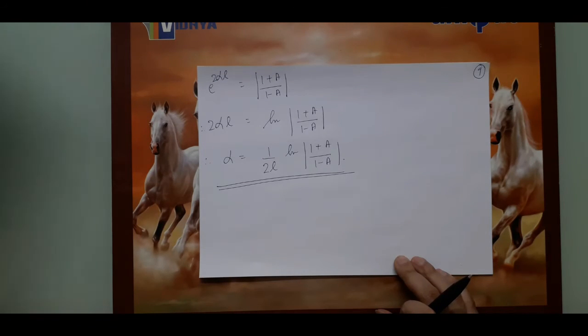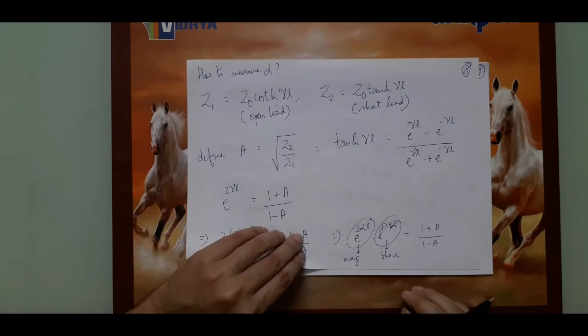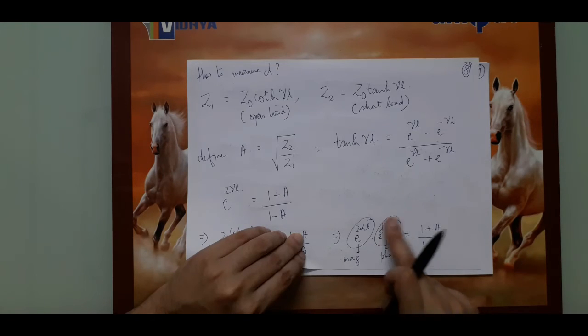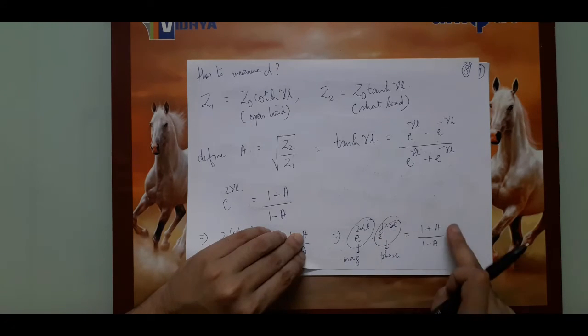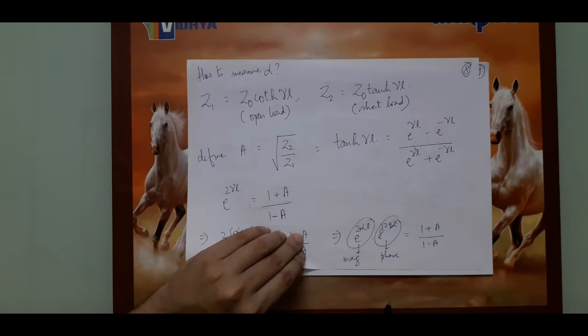What we saw in our earlier analysis is that if you look at the phase term and look at the phase of this right hand side, we can try to estimate beta. But there's an issue.